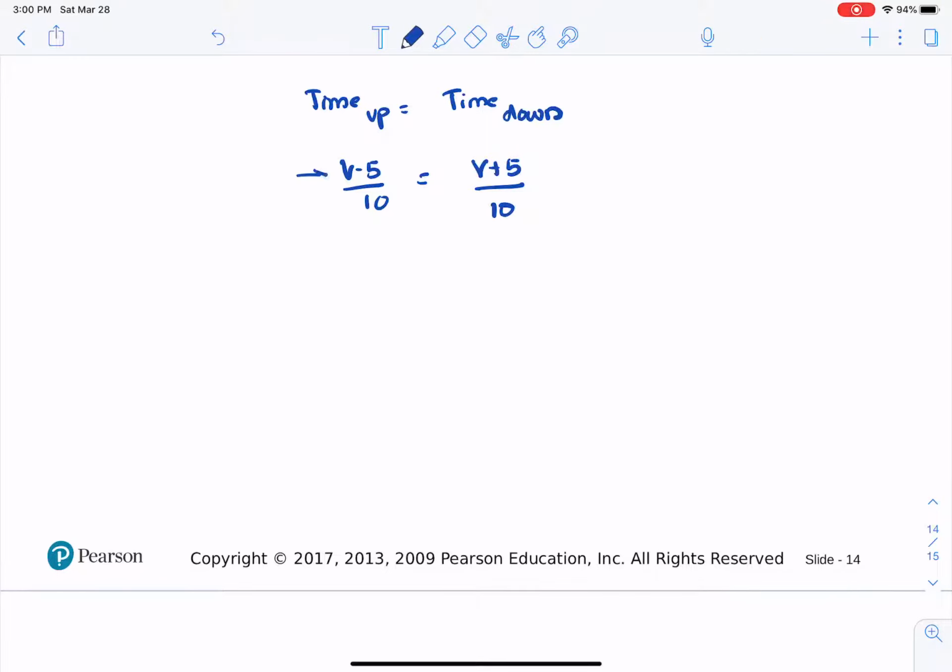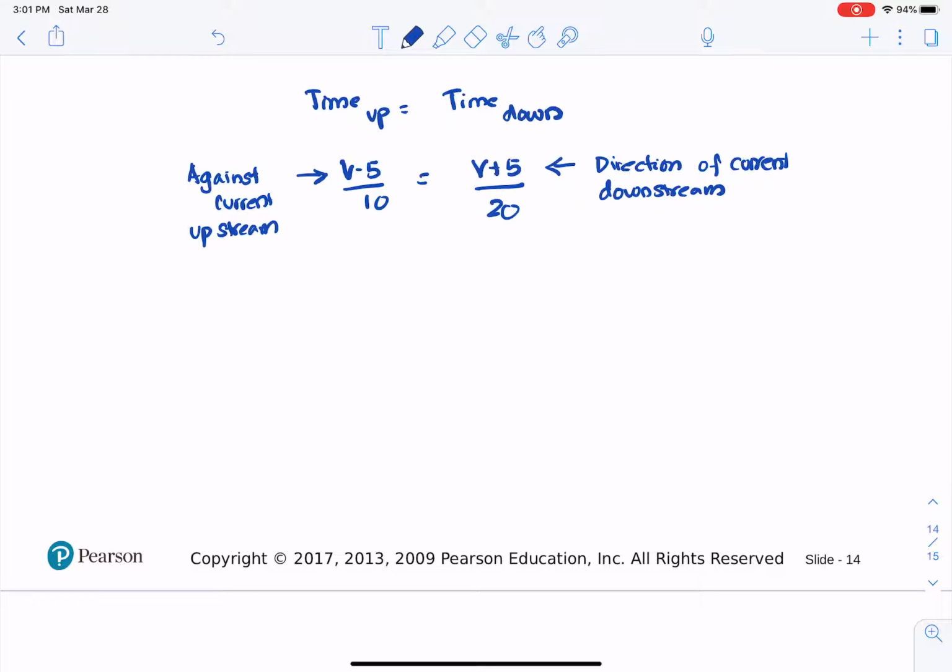The velocity of the boat, V, is reduced by 5 miles because the boat is going against the current here. And there it is going in the direction of the current. So the velocity increases by 5 miles.